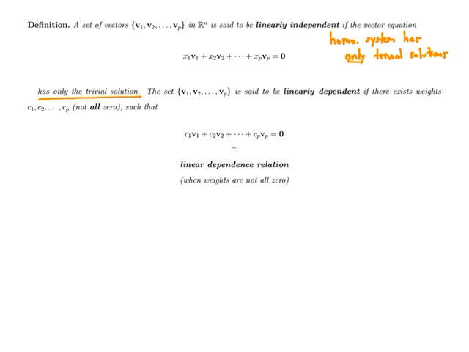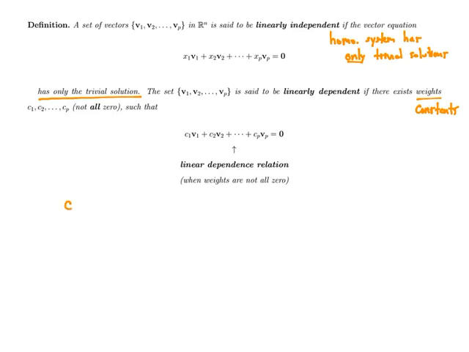The opposite of linear independence is linear dependence. We say that a set of vectors is linearly dependent if there exist weights C1 to CP. Those are numbers, constants, not all 0, such that C1v1 plus C2v2 all the way to CPvp is equal to 0. This is what we call a linear dependence relation, when the weights are not all 0.